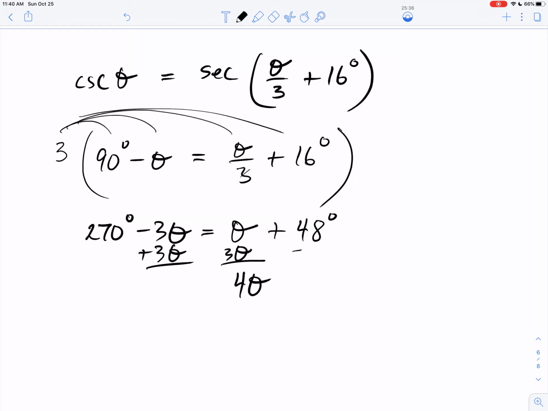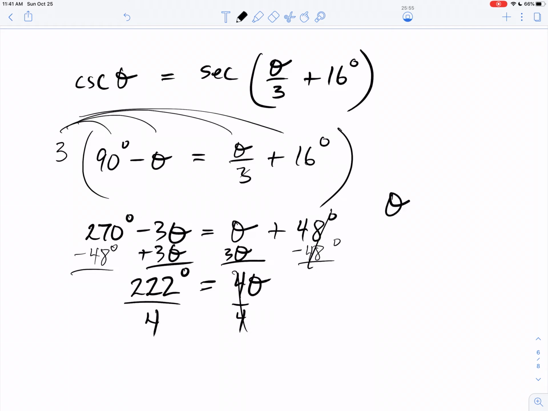I'm going to move these guys to the other side. So I have 4 theta on one side. On the other side, I have equals, well, that's 222 degrees. And now I am going to divide by 4.